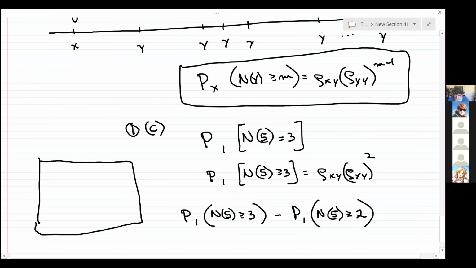Because visiting 4 times, it makes both of these conditions true. And visiting 3 times, it's both true. Let me see. Think about this. Maybe I was right to begin with.